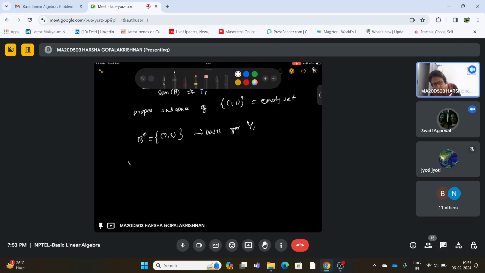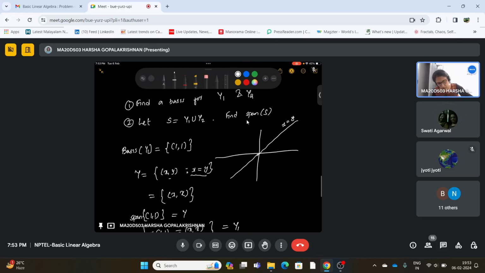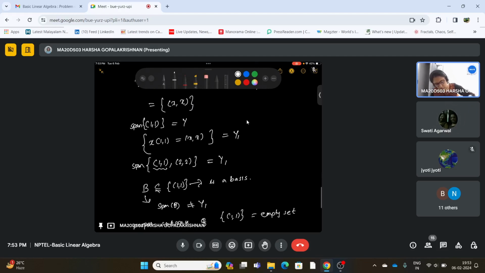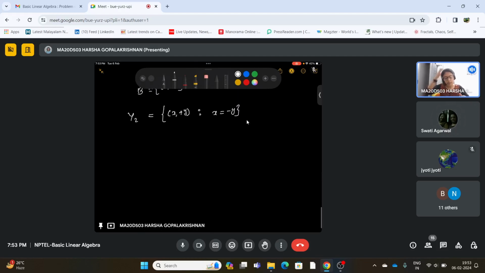Now what was our second set? y2 equals the set of all (x, y) such that x equals minus y. If we take this, it will be (1, -1).